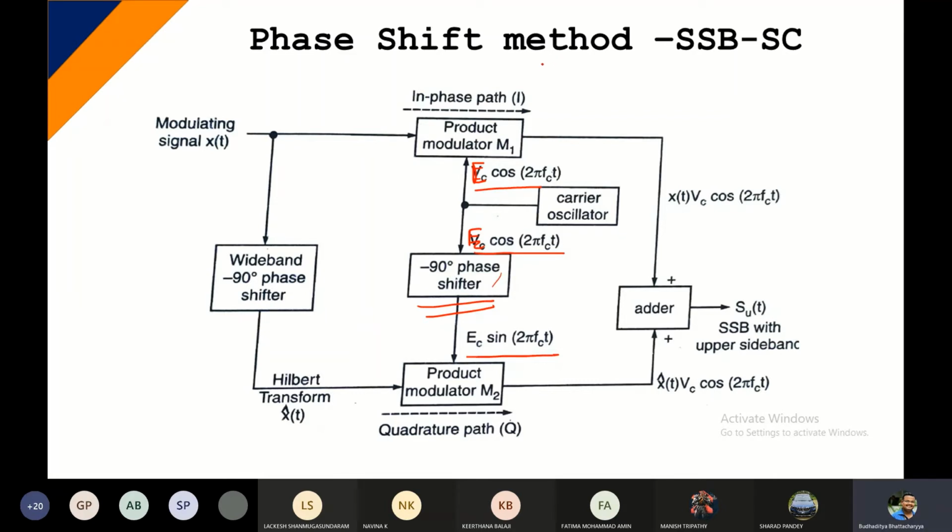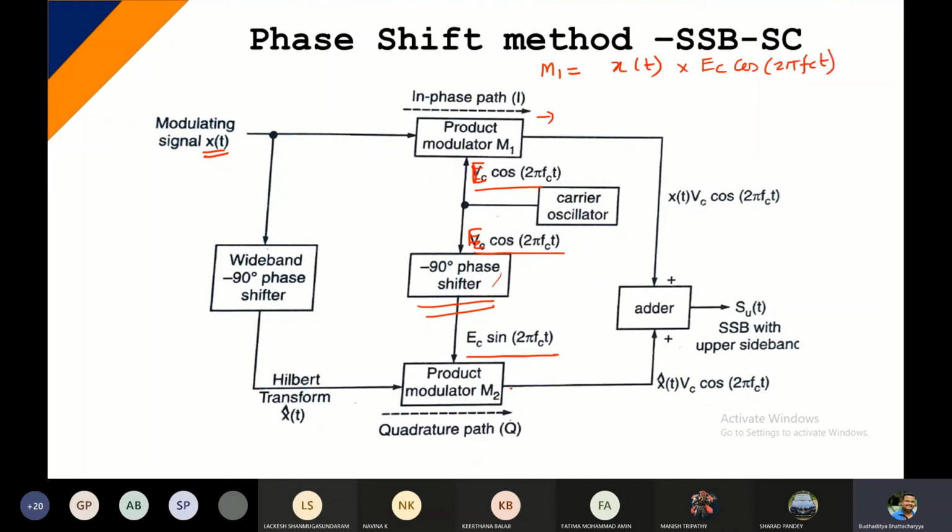If I write it quickly, the output of M1 is given by x(t) multiplied by Ec cos 2πfct.